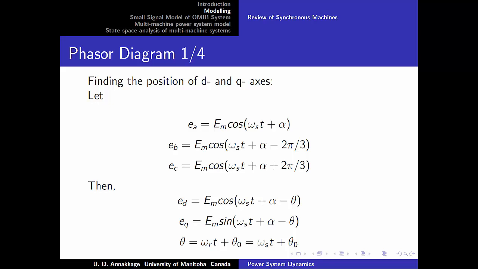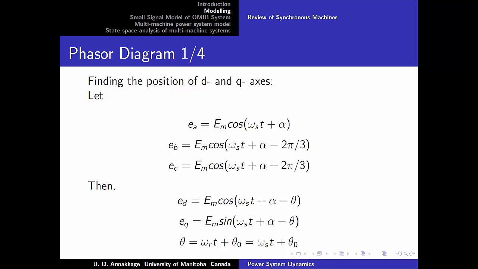Under steady state conditions, the phase voltages EA, EB and EC are balanced. Then by transforming these phase voltages to D and Q voltages, we get the equations at the bottom of this slide, ED, EQ. Note that theta is the position of the rotor with respect to the axis of phase A at time t.